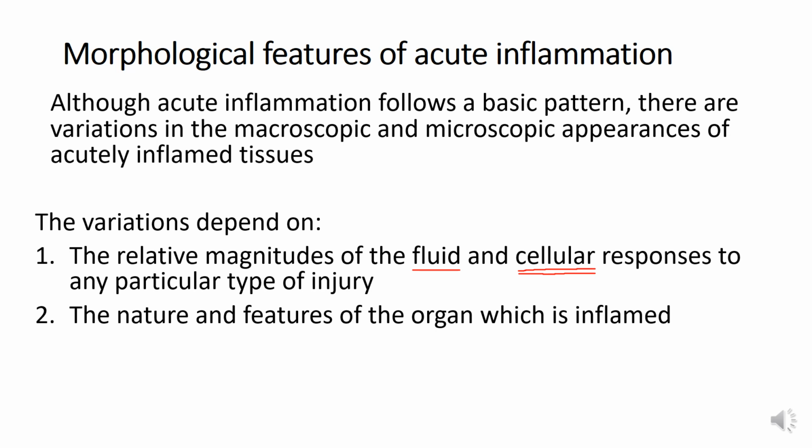Having said that, the other variation is brought about by the nature and features of the organ that is inflamed. For example, if an organ like the liver, which is full of blood, is inflamed, then the lesions caused by active hyperemia and vasodilatation may not be readily visible, because that particular organ is already full of blood.